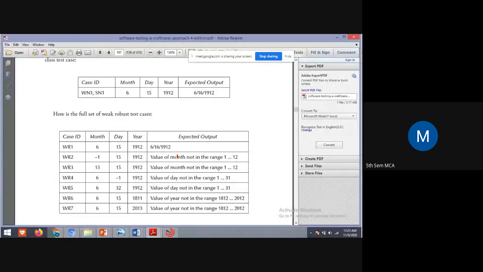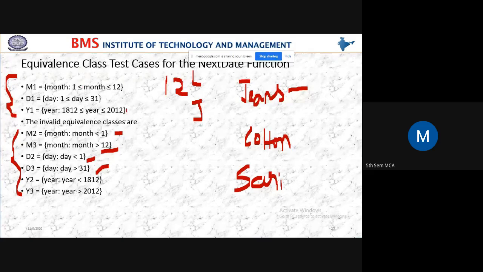So here we have some of the test cases. 2000 day is -1. It is not in a range. The last case: the year is 2013, but in the condition, in the partition, the range value which I have taken for the year is from 1812 to 2012.